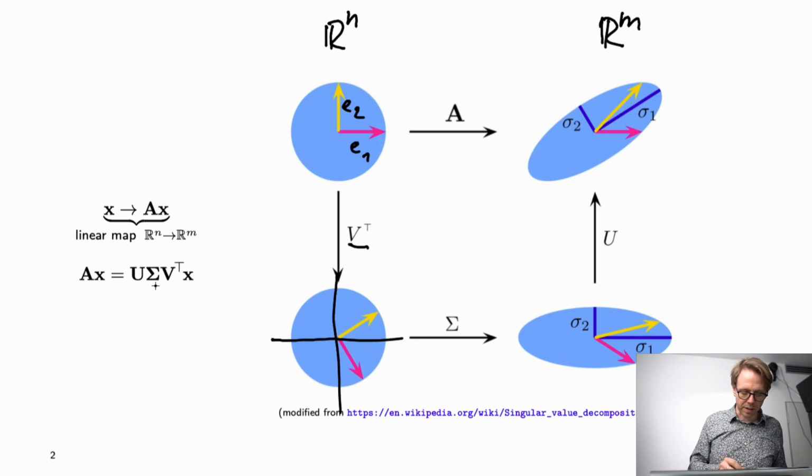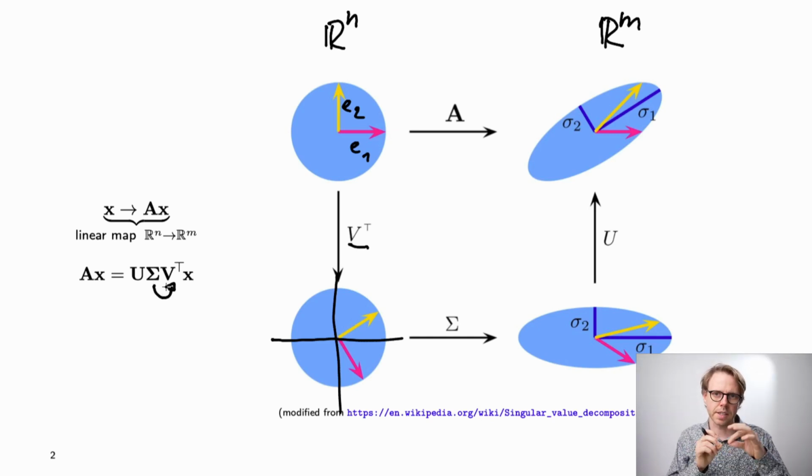The next step is multiplication of the resulting vector by sigma. Sigma is a diagonal matrix holding the singular values. Remember, the singular values are ordered by their magnitude and they are all larger or equal to 0, where the first r, starting from the top left, are larger than 0 and the remaining ones are exactly equal to 0.